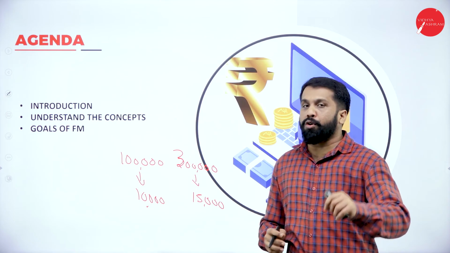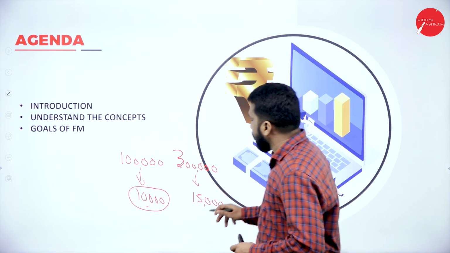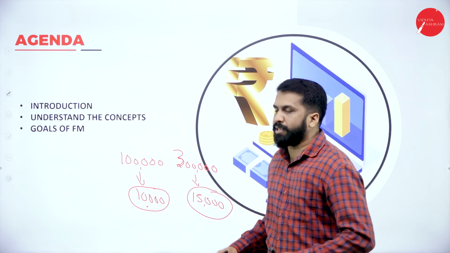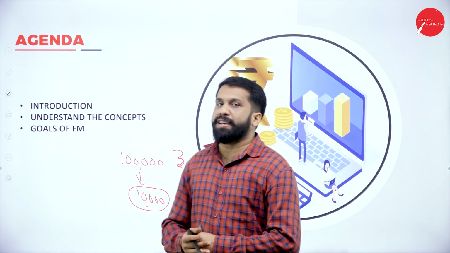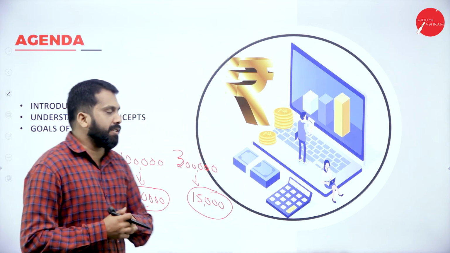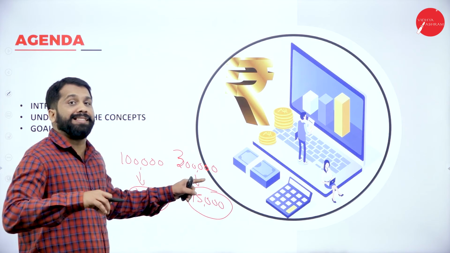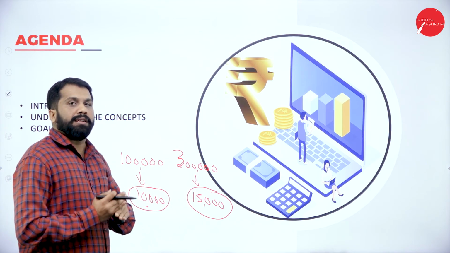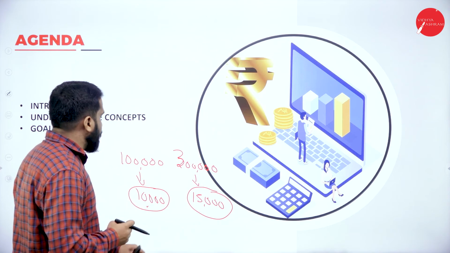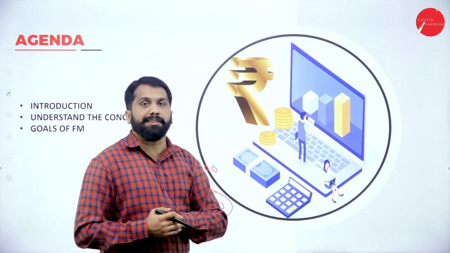If you go with numbers, like last year it was 10,000, now it is 15,000, you feel that I got 5,000 extra profit. But you never concentrate on what your sale was last year and what the sale is in the current year. You feel that we got 5,000 more, but we'll go with the ratio.